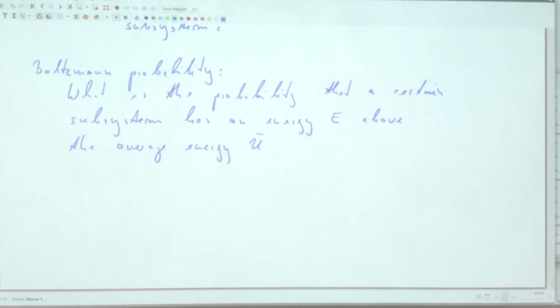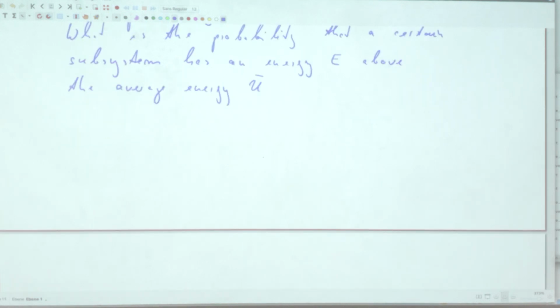And this is obtained if we take this equation from before. We just take the entropy per atom or per subsystem, 1 over n. I speak of subsystems, but basically I mean single atoms for our case here.